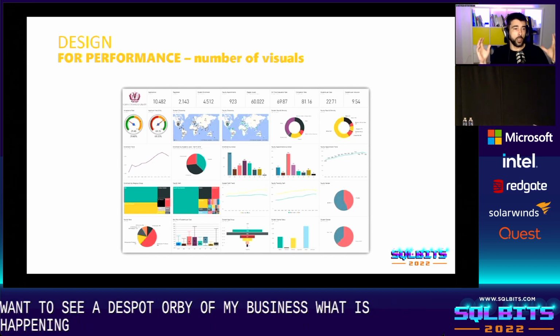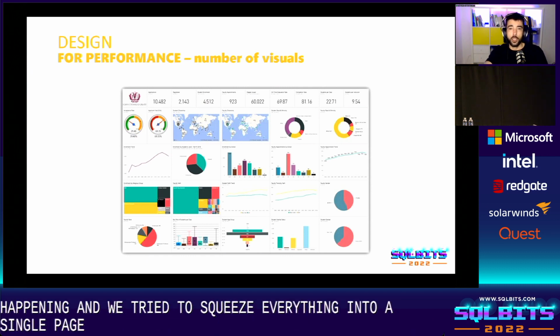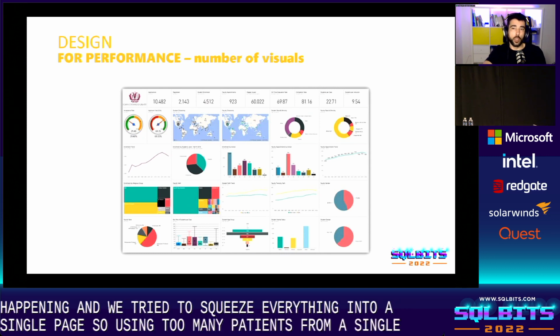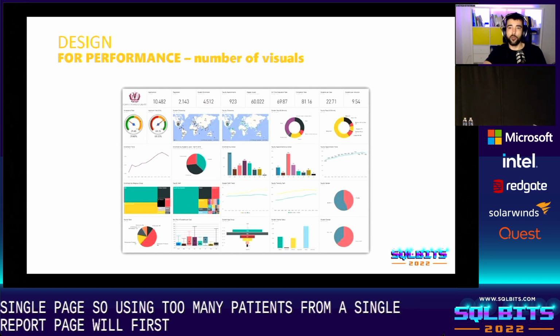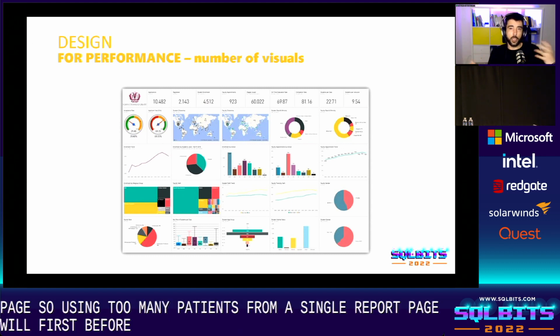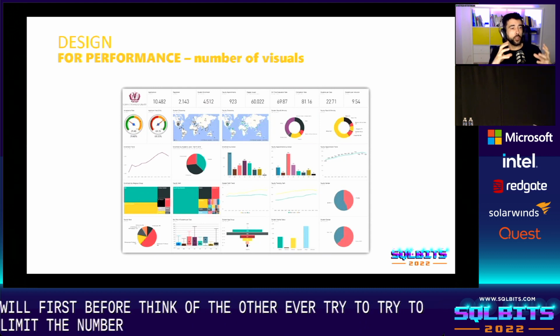And we try to squeeze everything into a single page. Using too many visuals on a single report page will first slow your performance. So think of it the other way around. Try to limit the number of visuals, try to create a data story behind it.